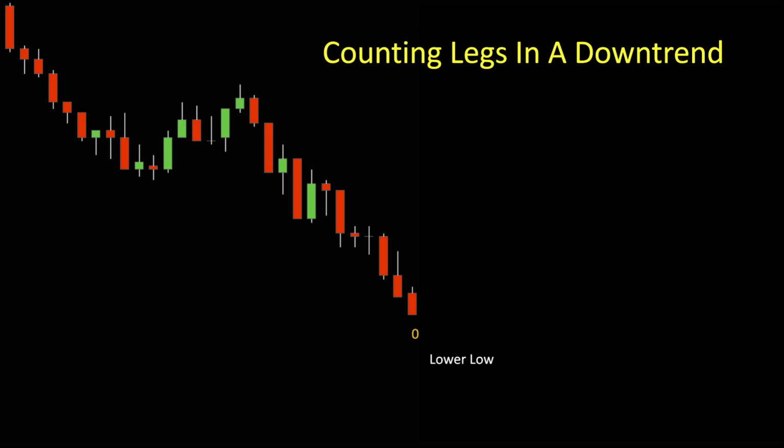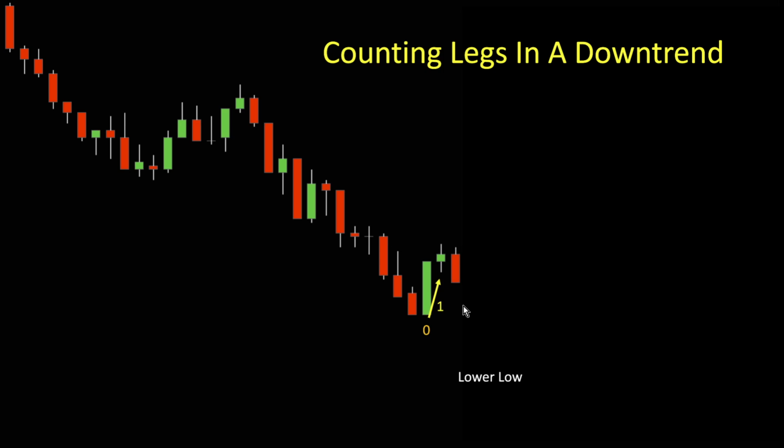Zero, another lower low, zero, zero, and we get a higher low, which is the first leg of the pullback. Very short, but remember the pullback went from here, because this closed at this point.